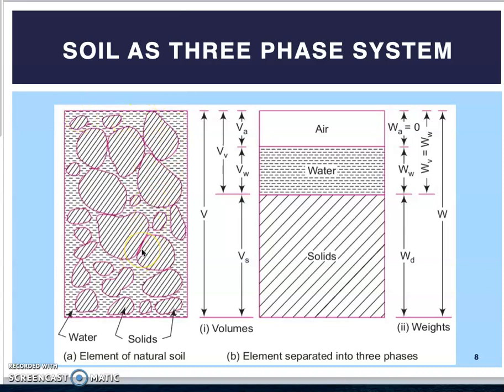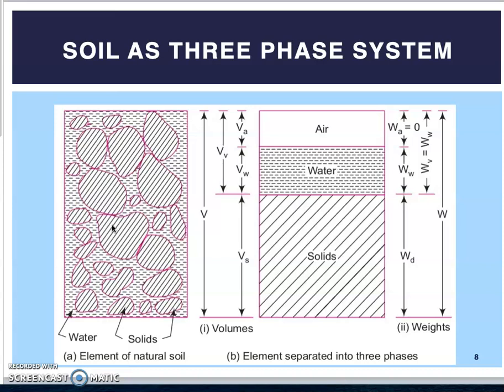If you take any small amount of soil from your plot, what all things you will get? You will get the soil particles, right? Solid. Then, if it is waterlogged, if it has some amount of water content, you will also get water in its void spaces. So let's say if I take 1 cup of soil mass, majority of the volume will be occupied by the particles, correct?